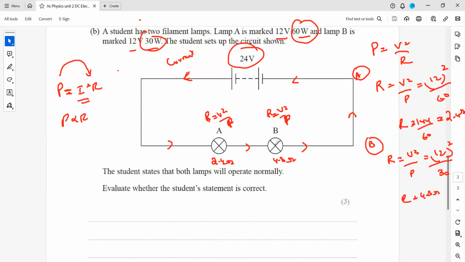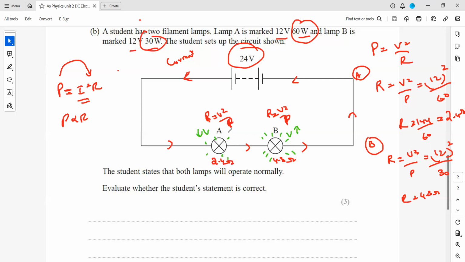The one with the higher resistance will have more voltage. So the voltage of lamp B will be more than the voltage of lamp A. With more potential, the brightness of lamp B will be greater than the brightness of lamp A.